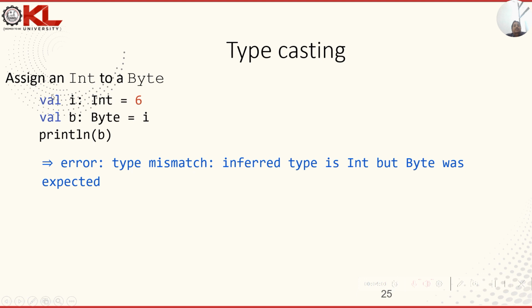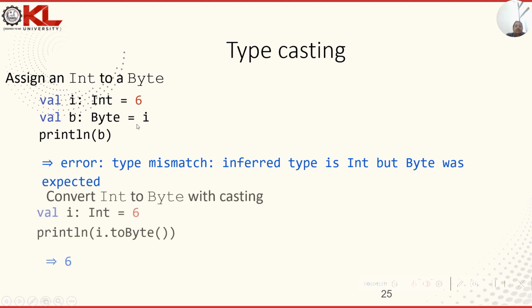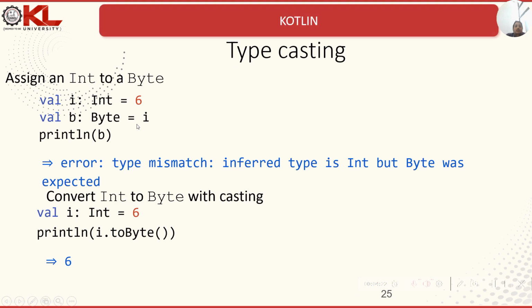Here we can use val and var, which are like static and dynamic data types. For the data type you want to store, val i equals int equals 6 is the static data type, where you are not changing the values here.